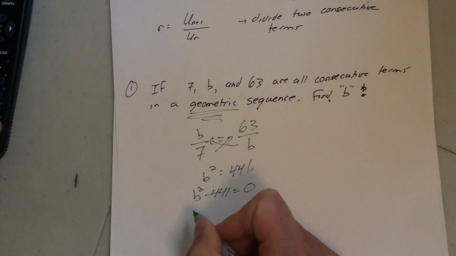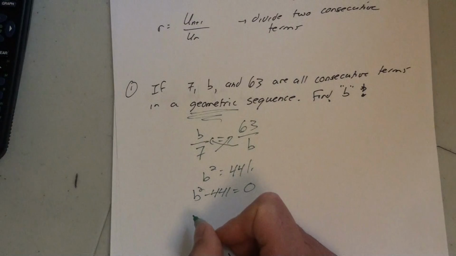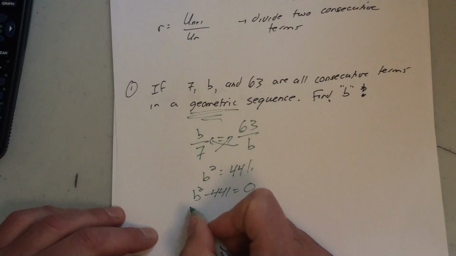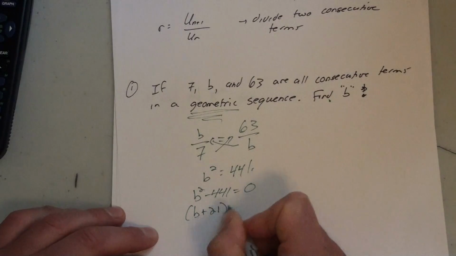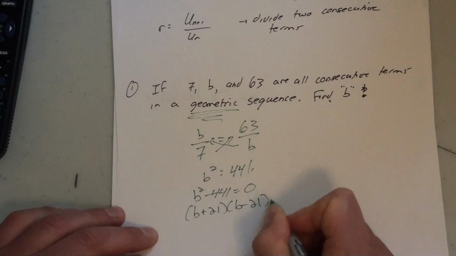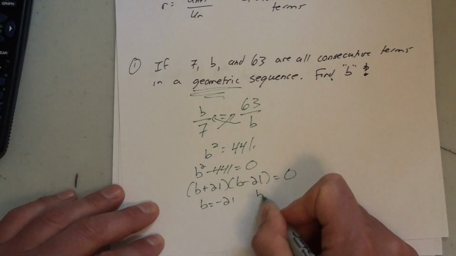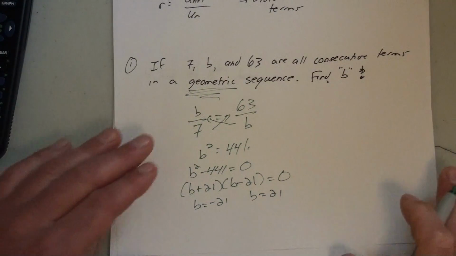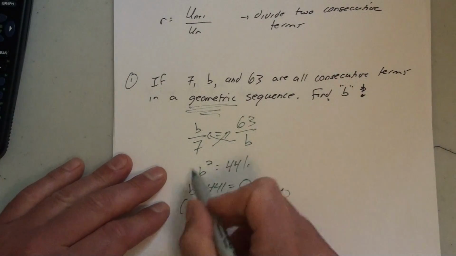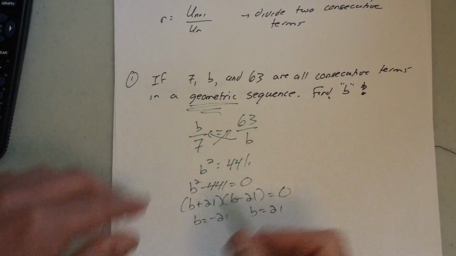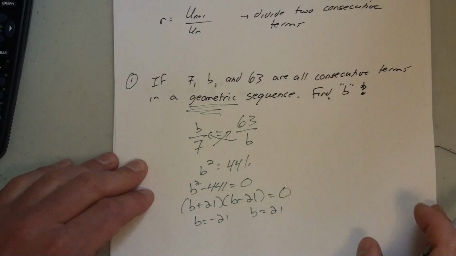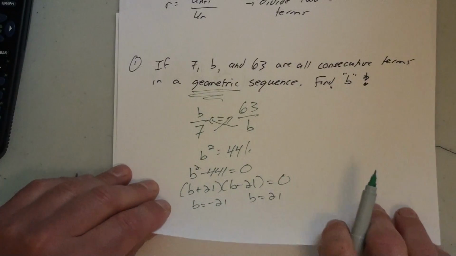And I can factor that, because that is a difference of squares, and it becomes (B plus 21)(B minus 21) equals 0, which means that B will equal negative 21, or B will equal positive 21. Here you have a quadratic, so it's important to get everything over to the other side and make it equal to 0, and either factor or use the quadratic formula to solve.